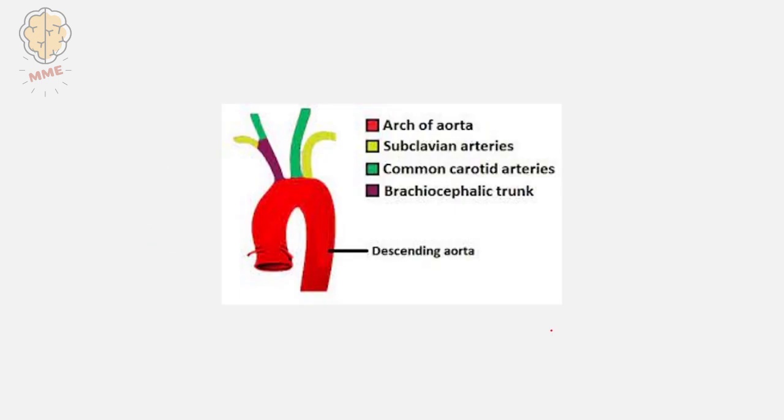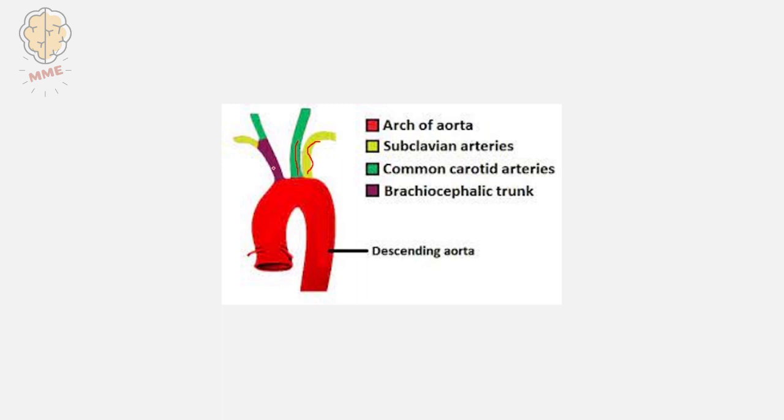Before starting the subclavian artery, I would like to clarify the branches of the aorta. This is the arch of the aorta, and this is the left side. This is the left subclavian artery. This is the left common carotid artery.